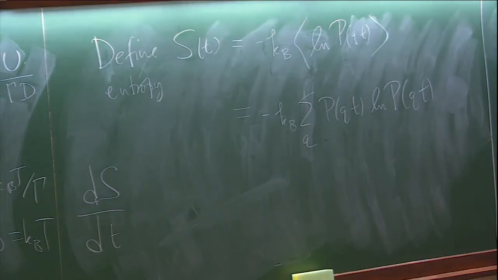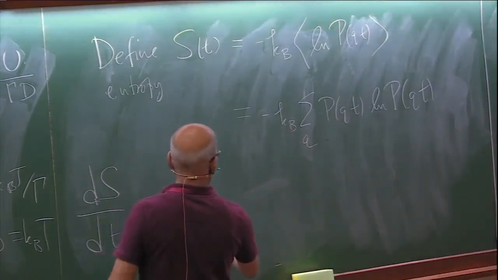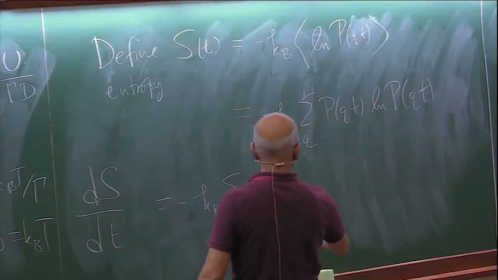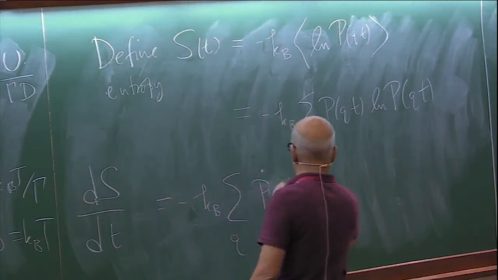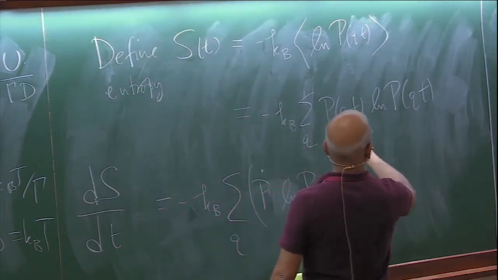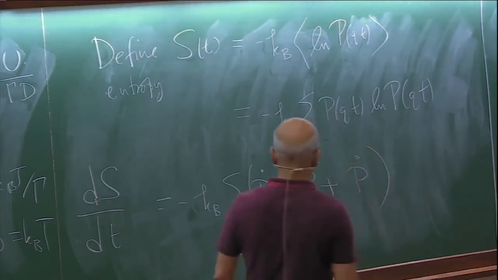Because I don't even want to assume that I've got some smooth structure on my space of Qs. Let me do it without that, because I'll never differentiate with respect to Q anywhere in the immediate future. Okay. So dS over dt is minus k_B, sum over Q, of p dot log p, plus p dot. Agreed?